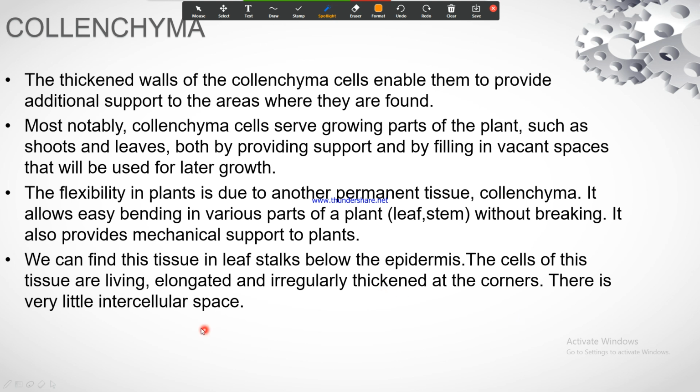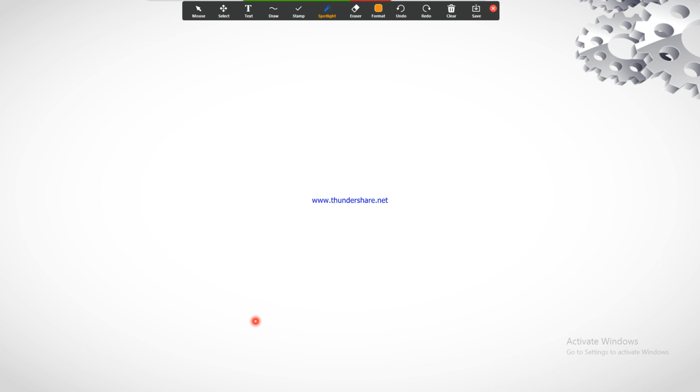There is very little intercellular space. You remember, in the parenchyma case, we studied that parenchyma has more intercellular spaces, but collenchyma has fewer, moderate spaces.